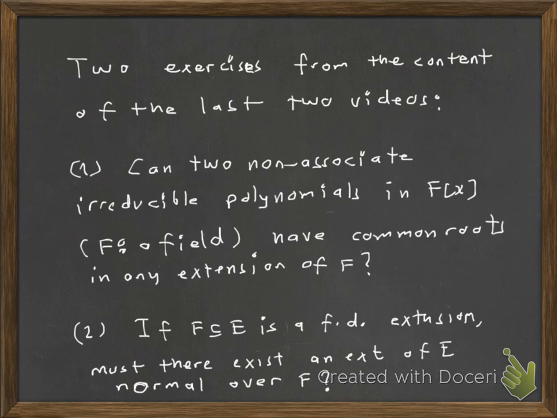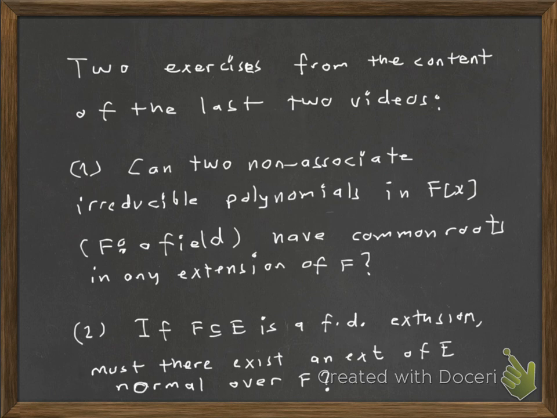Finally, let me remind you of the exercise or the question that I posed at the beginning of this discussion, or somewhere close. That question was, can two non-associate irreducible polynomials over F have common roots in any extension of F?